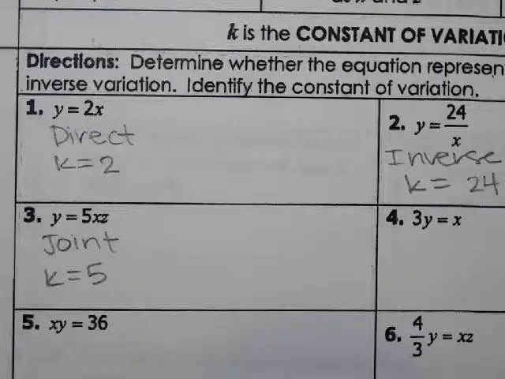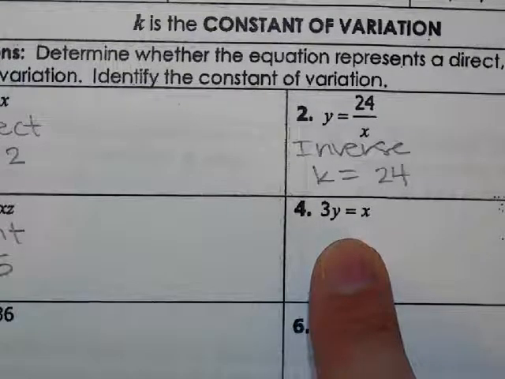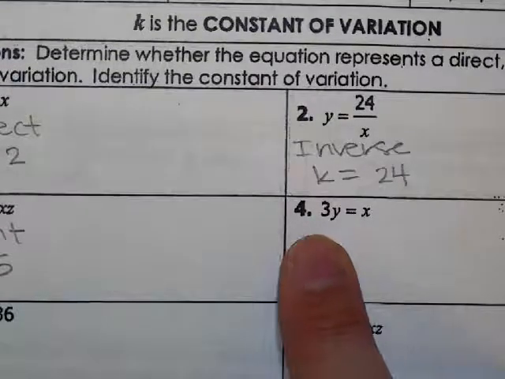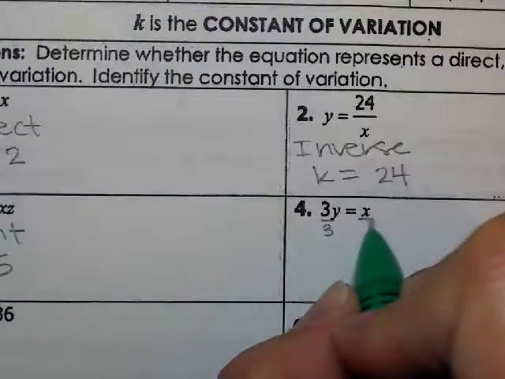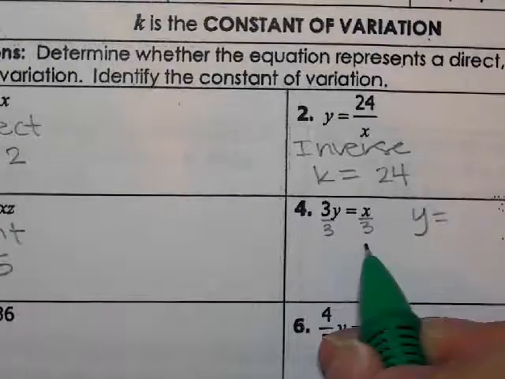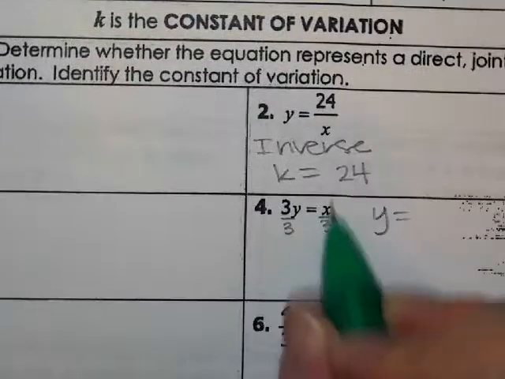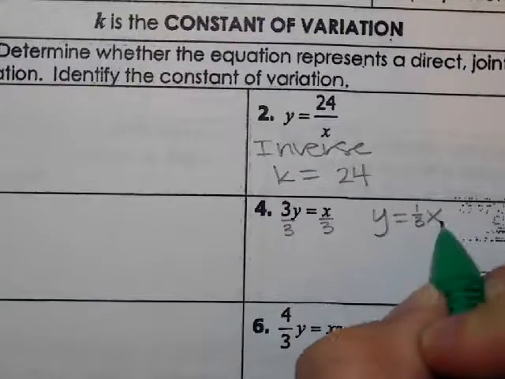And 4, the y is not alone, so we have to get the y alone. So what should I do with the 3? Divide it over. So I'm going to divide by 3, divide by 3. So y equals x divided by 3. X divided by 3 is the same as 1/3 times x.